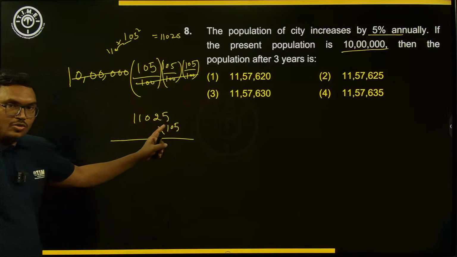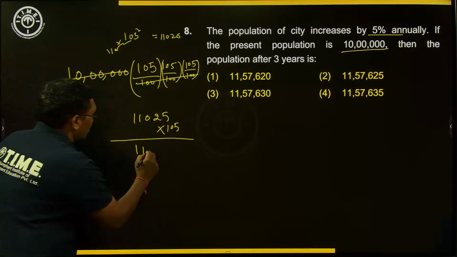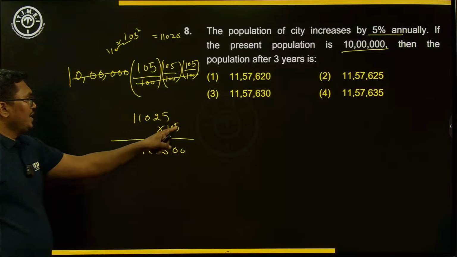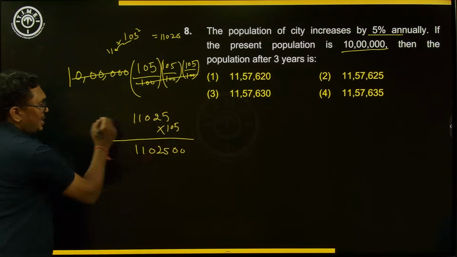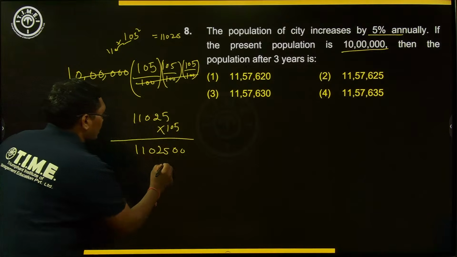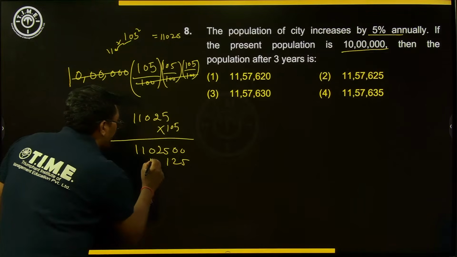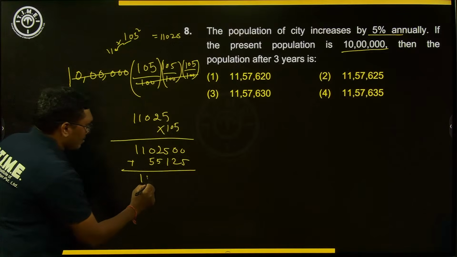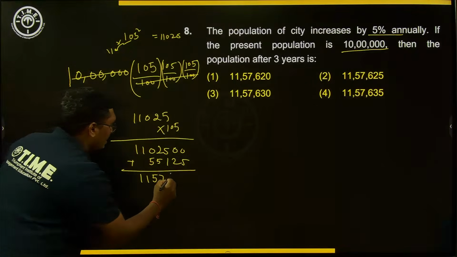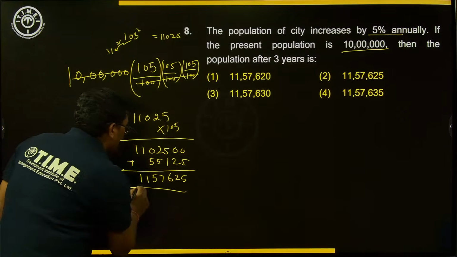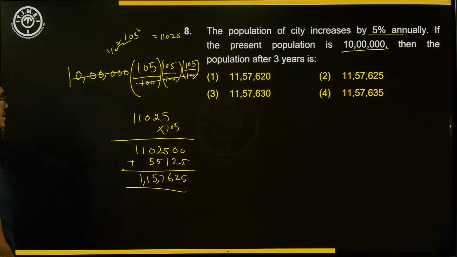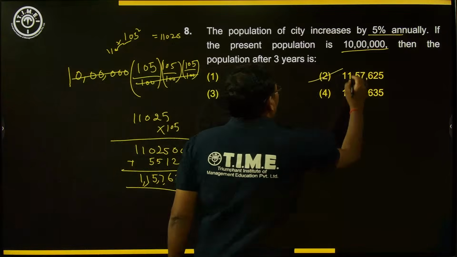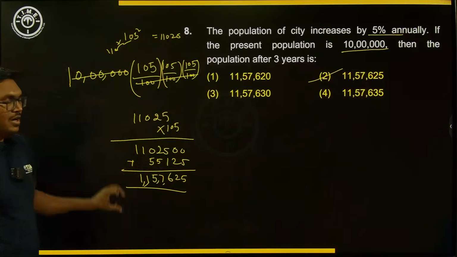So 11025 into 100 is 1102500, and 11025 into 5: 25 into 5 is 125, 5 into 110 is 550. If you add these, what will you get? 5, 7, 6, 2, 5. Okay. So your answer is 11,57,625.